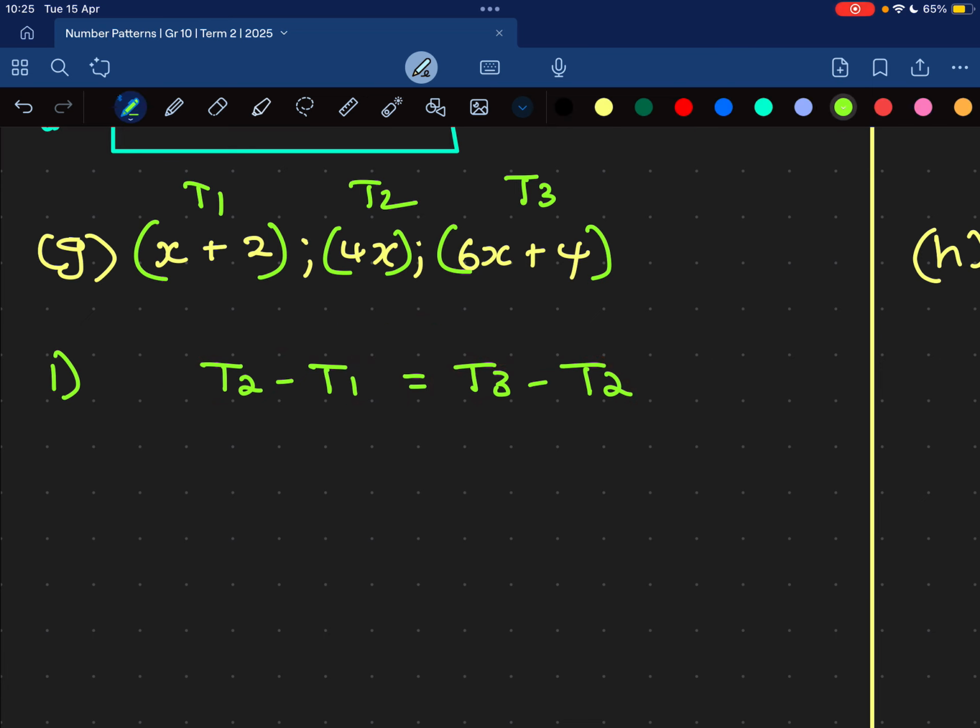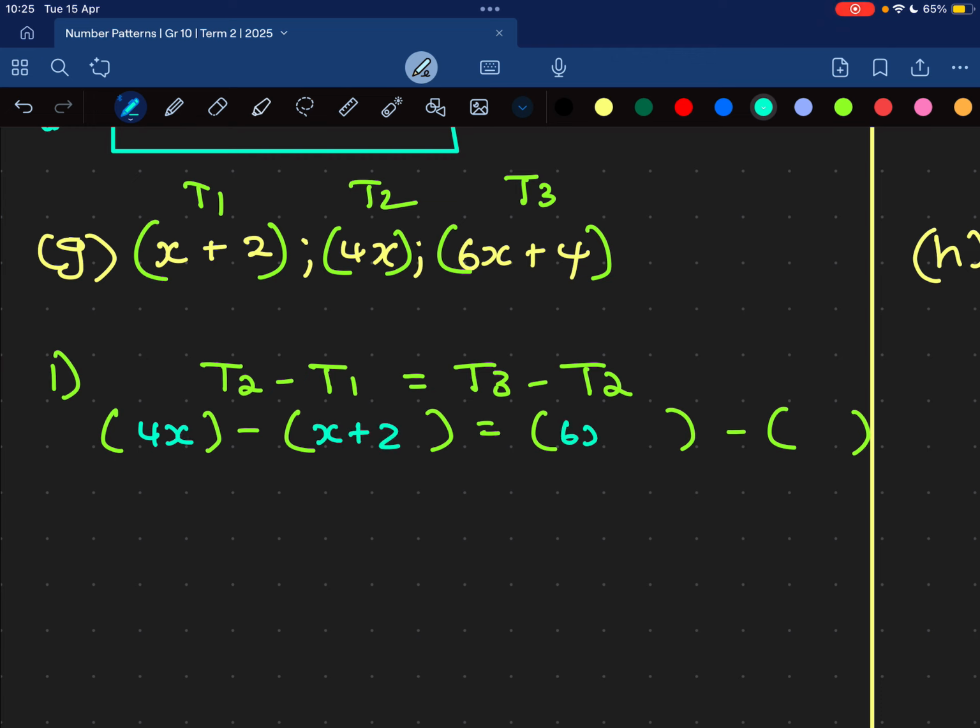Okay, so T2 is 4x. Don't forget your brackets. Let me actually do it in a different color. So it'll be T2 minus T1, which is equal to T3 minus T2. Okay, we must put our brackets because of those signs. So I have T2, which is 4x, and T1, which is x plus 2.